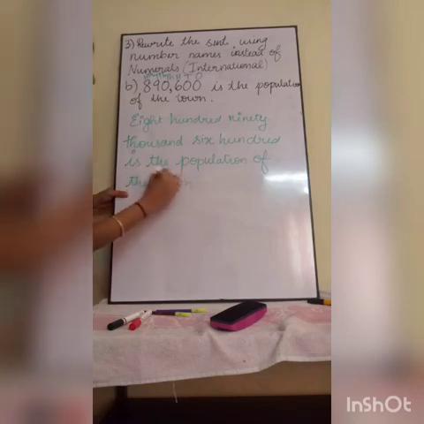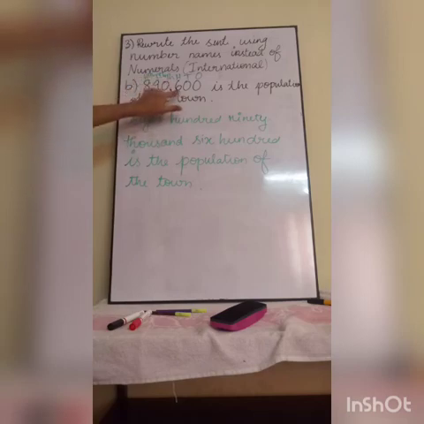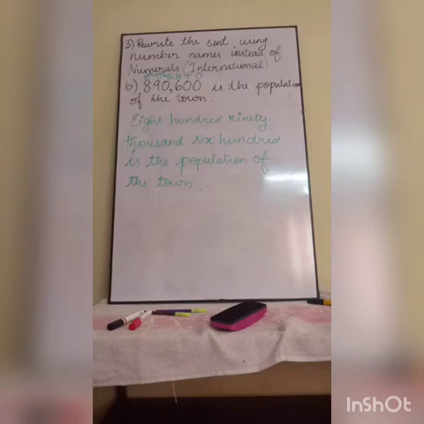Understood? So first I am going to write 890,600 is the population of the town. Understood this, how to write it?